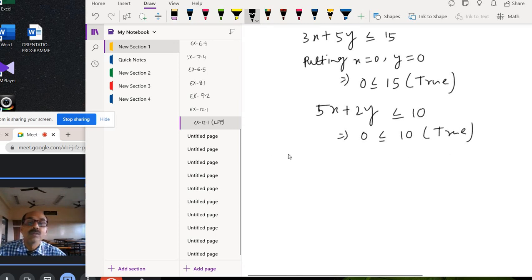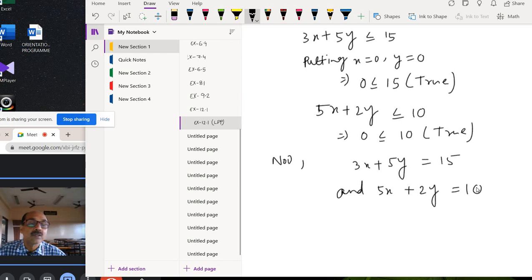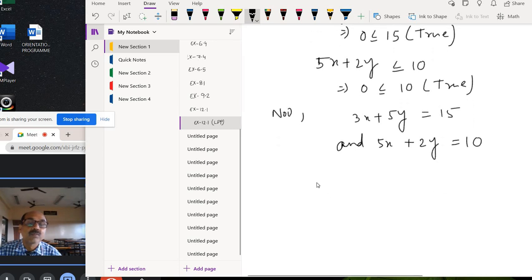So solving these two equations: 3x + 5y = 15 and 5x + 2y = 10. Multiply the first one by 5 and the second one by 3.